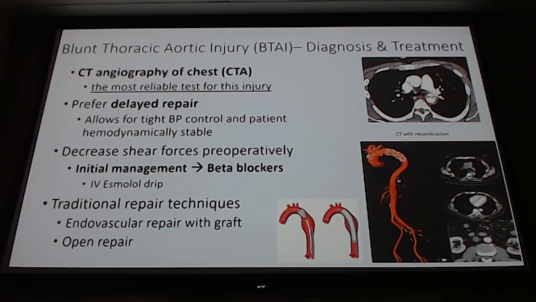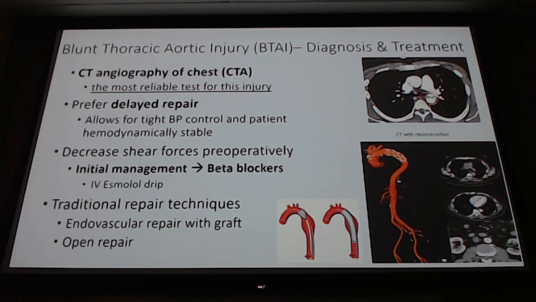We want really strict blood pressure control, really strict heart rate control, trying to get them hemodynamically stable, and then we'll go to surgery for repair if we can get them. Because we really want to decrease those forces preoperatively with that beta blocker. Okay.